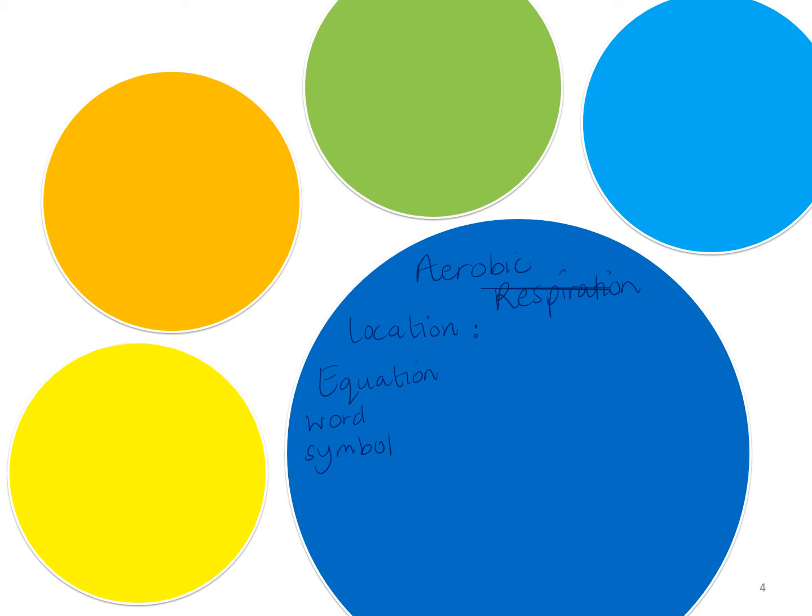So the first thing that you're going to do is write the location. The second thing is to write both the word and the symbol equation for it. And the third thing is to write down what it produces, what is produced as waste, and then what is released.